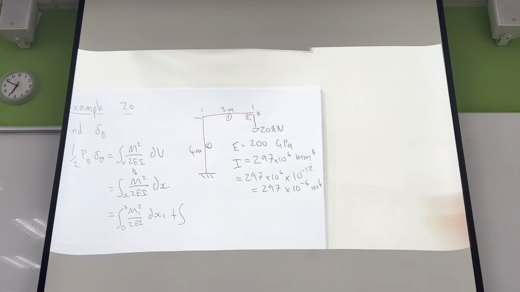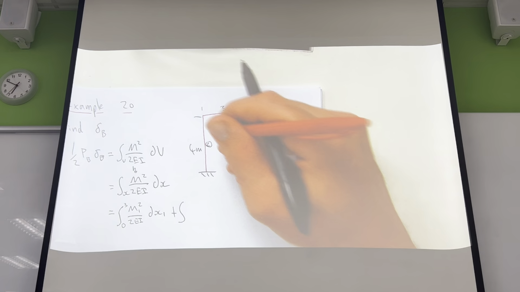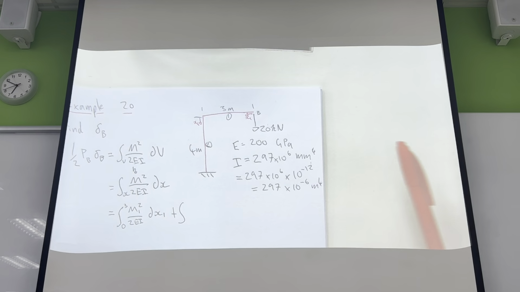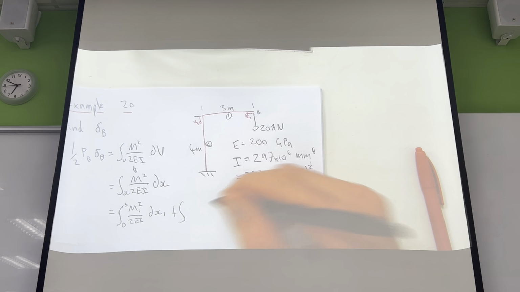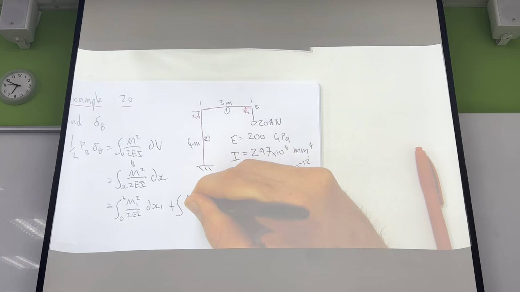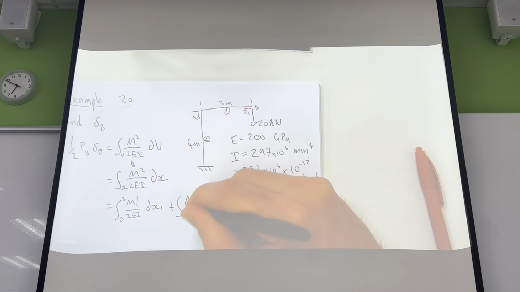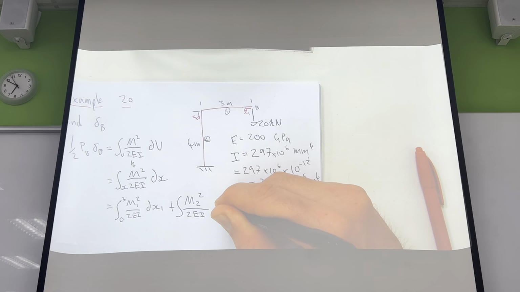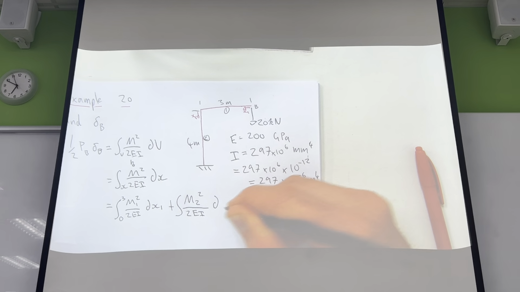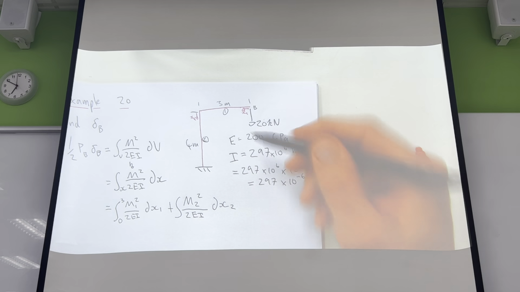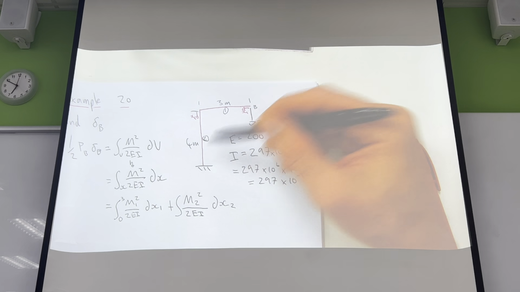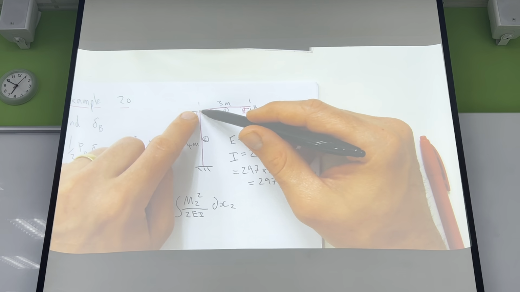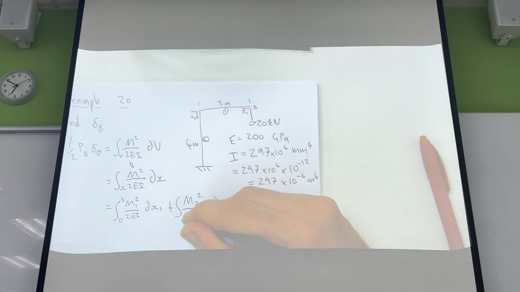This is going to be section 2, with an x coordinate x2. We find the moment in section 2, square it, and divide by 2EI. We integrate that through x2, from the start to the end. In section 1 we go from the start to the end, in section 2 from the start to the end. This just goes from 0 to 4 meters.